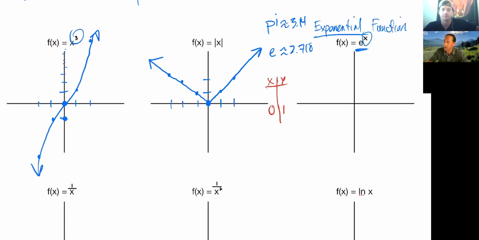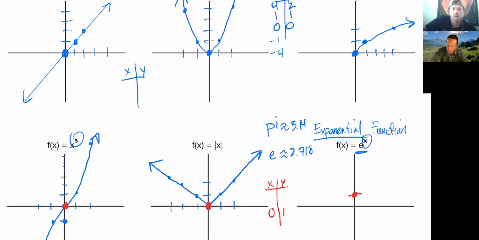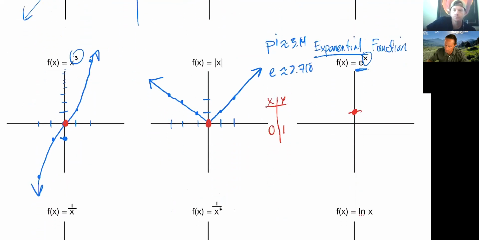Very good. So in reality, it wouldn't matter what base I had, whether it was e, exactly 3, 2, 1/2, anything to the 0 power is 1. So notice this right here is a critical point, just like the 0, 0 was in all of our others. They all shared that point in common, 0, 0, but this one does not.